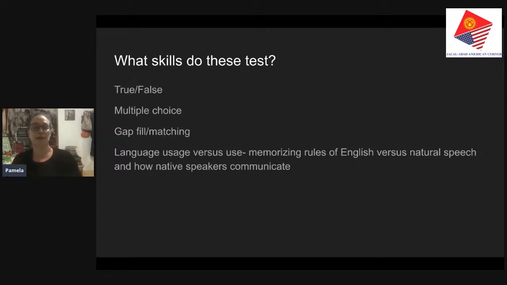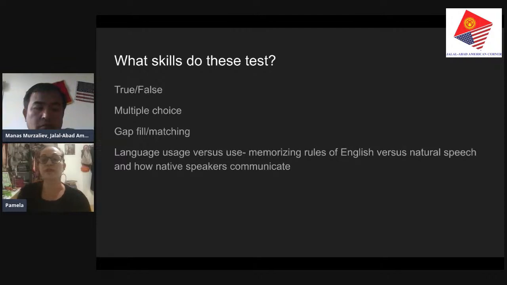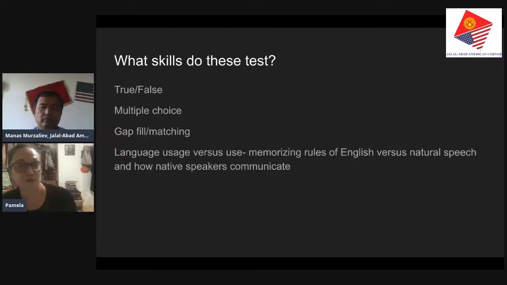And we want to keep in mind always language usage versus use. So we don't want to have them memorize the rules of English if they can't use those rules in natural speech. It's more important that they are able to answer questions, have a dialogue, produce natural speech and sentences of their own, spontaneous self-expression in these kinds of formations, than recalling what the rules are.